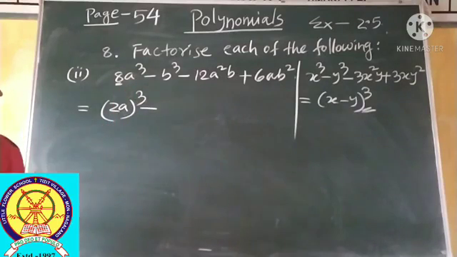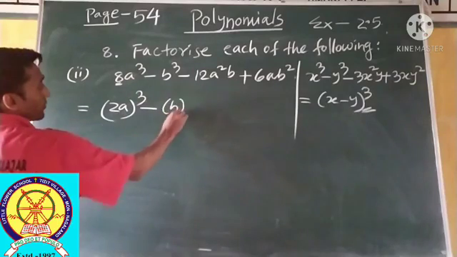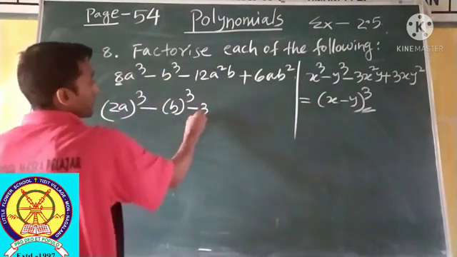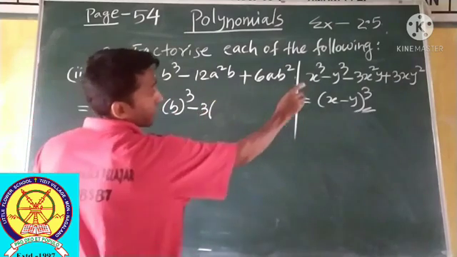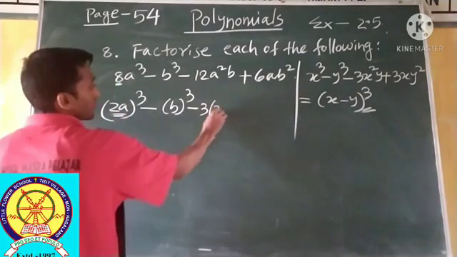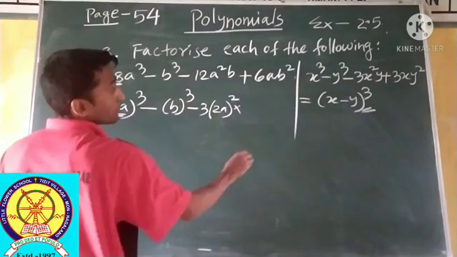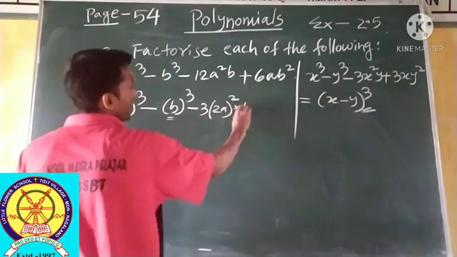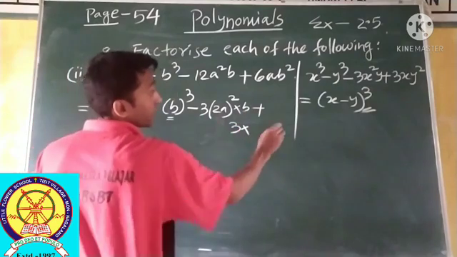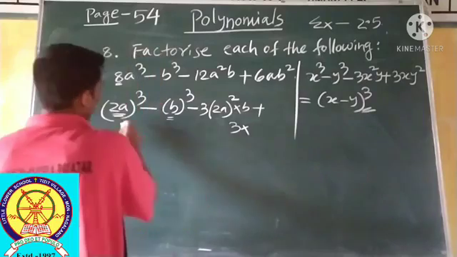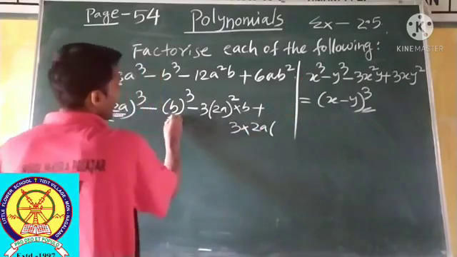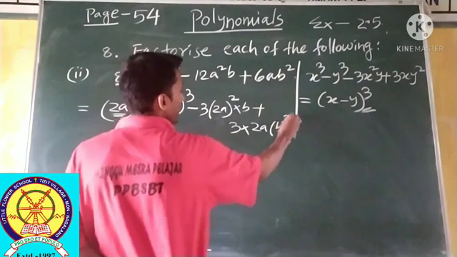2a whole cube is 8a cube, minus b whole cube is b cube, minus, now as per identity we have 3 into x whole square. X value is 2a. So 2a whole square into y. Y value we have b, plus next as per identity we have 3 x y whole square. X value we have 2a into y whole square. Y value we have b.